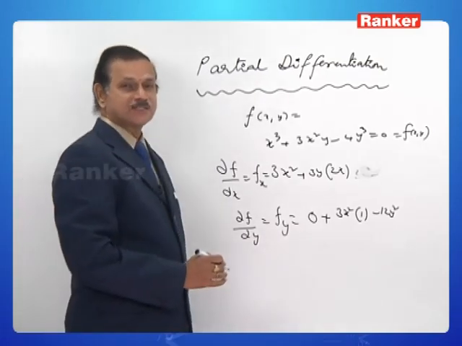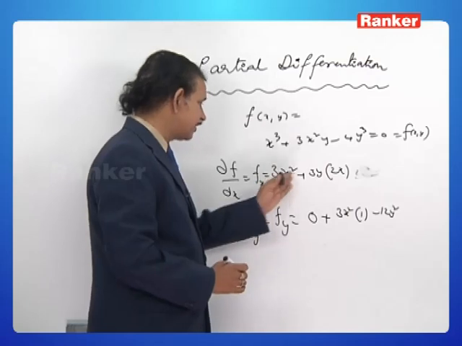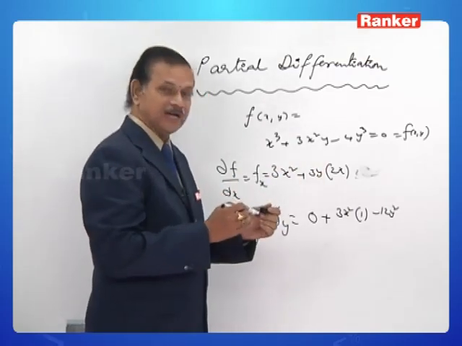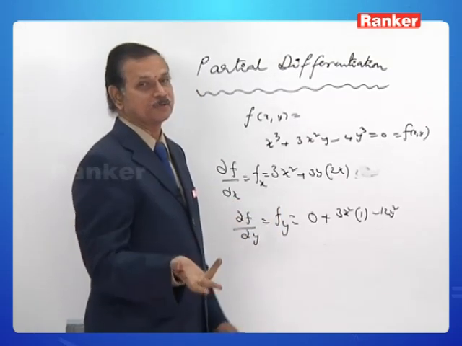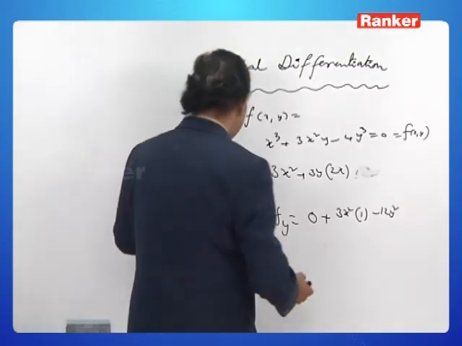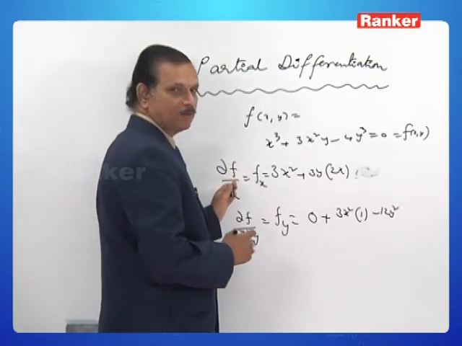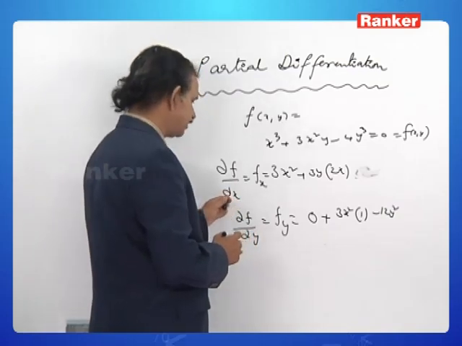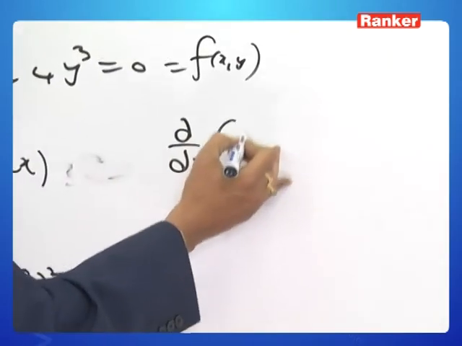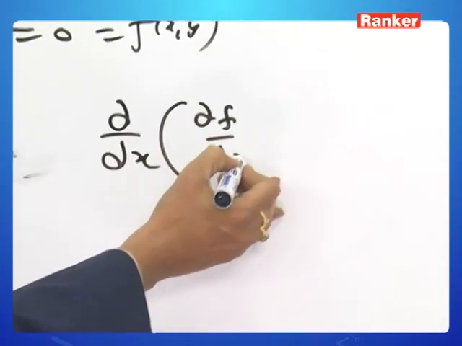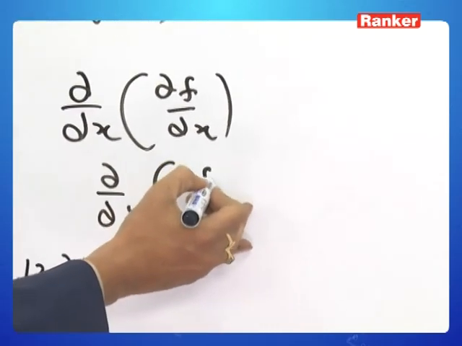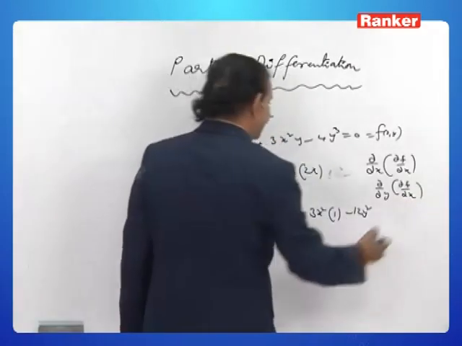Now of special interest is the case, again this is a function of x and y. For this also you may be able to have both partial derivative with respect to x and partial derivative with respect to y also. What I mean to say is, already we have found partial derivative with respect to x. Dou by dou x of dou f by dou x, dou by dou y of dou f by dou x can be explained.